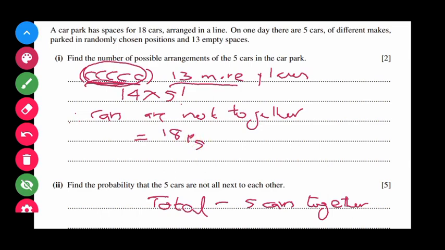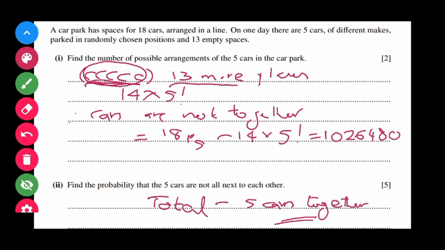Minus cars are together. 5 cars together is 14 into 5 factorial. So we get the answer for that is 1026480.